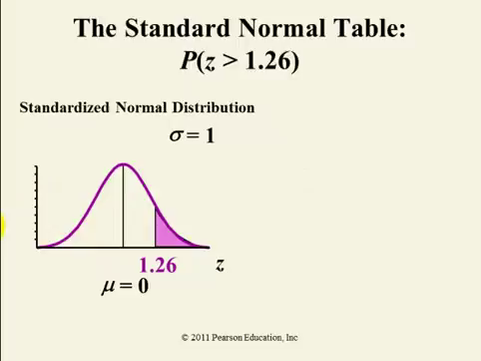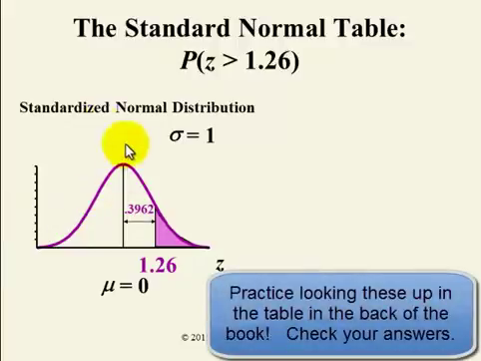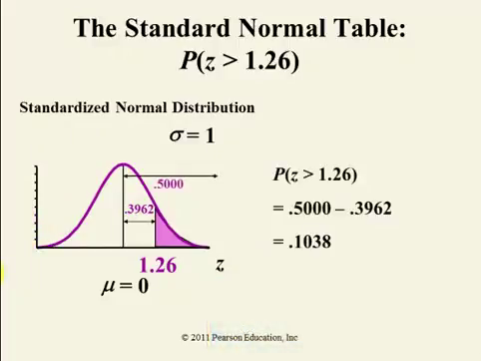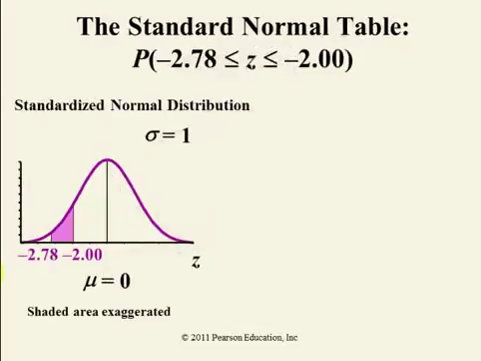What if we wanted the probability that Z is greater than 1.26? Now we could subtract this number here, 0.3962, from half to get the remaining value. So this is how we'll do it when we look it up in a table. Same way if it's on the other side.